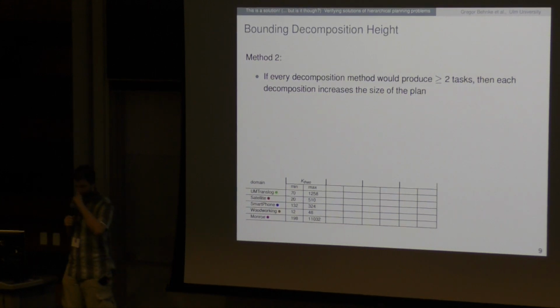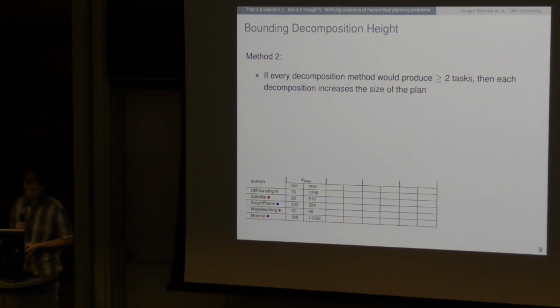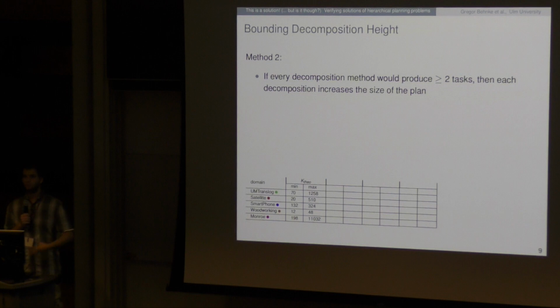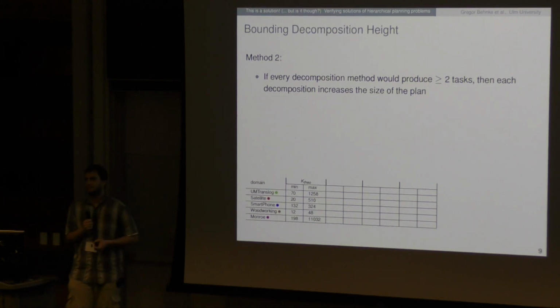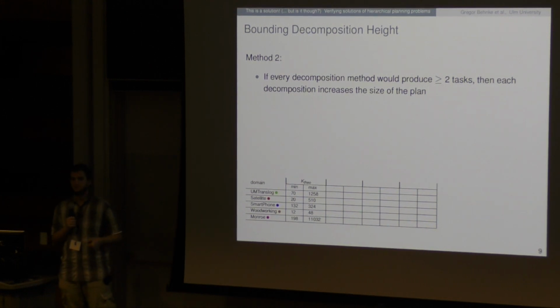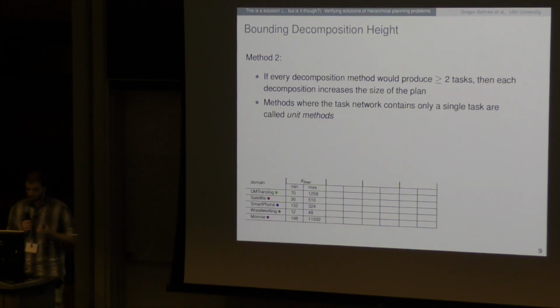The second method centers around the observation that if all the methods we have would produce at least 2 tasks, then we would have the property that if we apply a decomposition, the size of the plan can only grow. So what we can try to do is to eliminate these methods that are bugging us here, which we call unit methods.